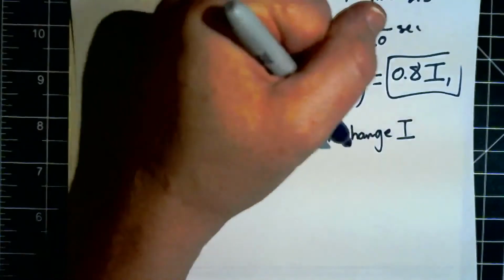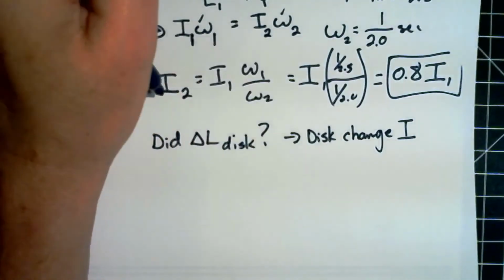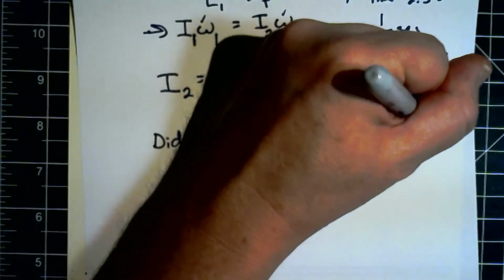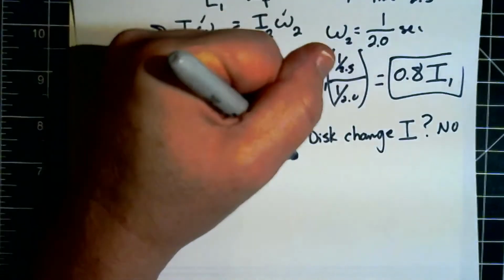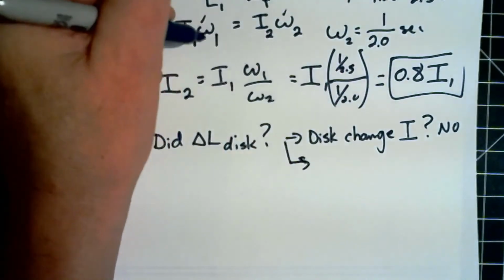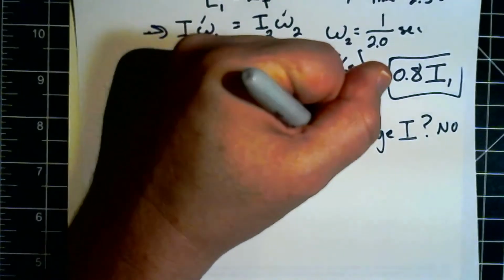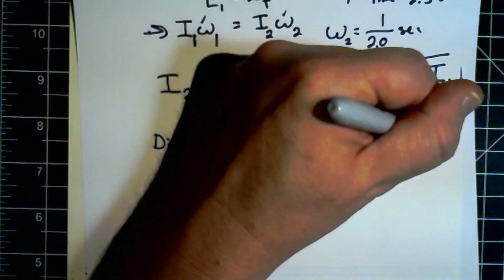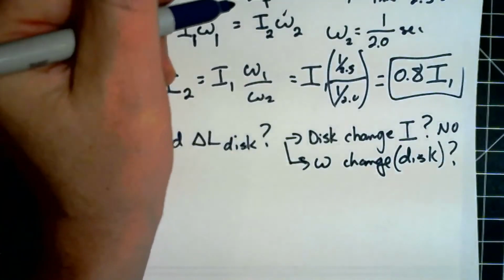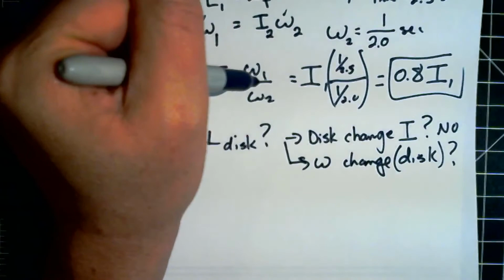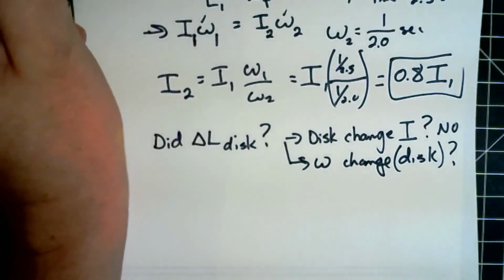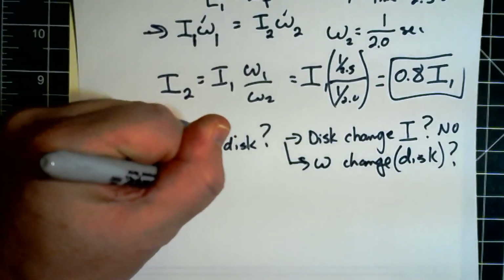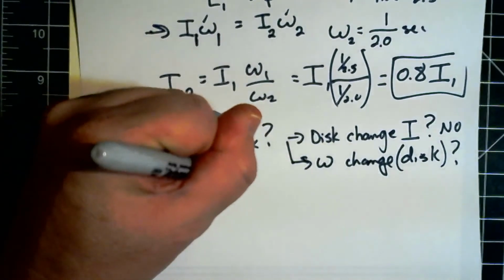In other words, did the rotational inertia of the disk change? No, the rotational inertia of the system changed from I1 to I2, and so the answer to that question is no. And so then you need to ask, because the other term we need to know about is omega, did omega change for the disk? Well, yeah, it did. The speed went up. As the ladybug walked forward, the disk speed increased. So omega disk did increase.